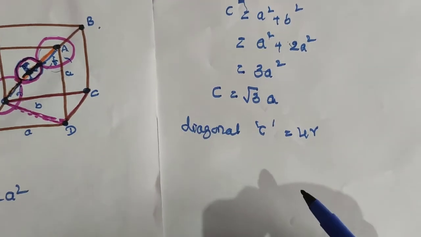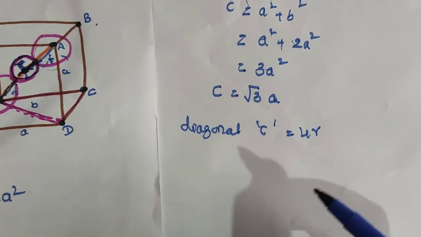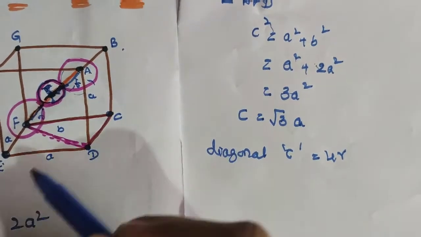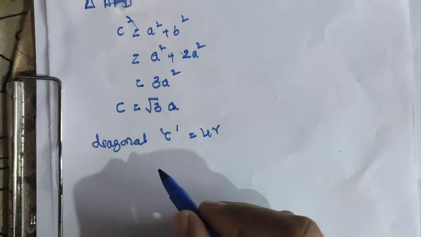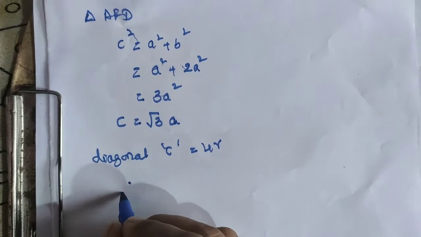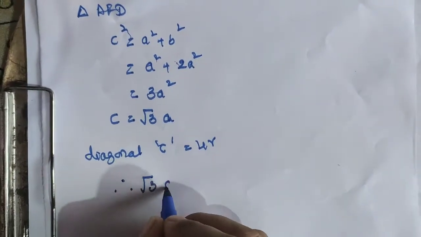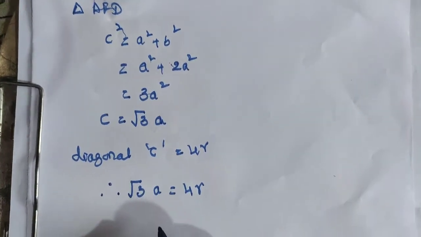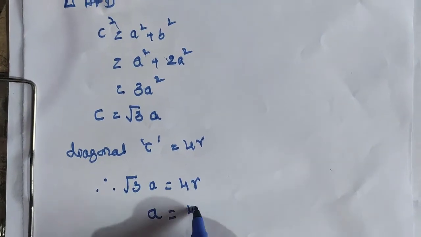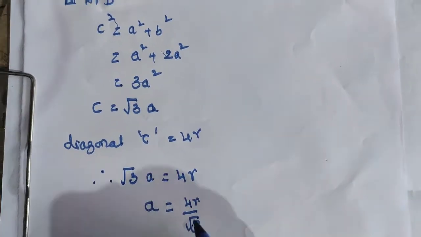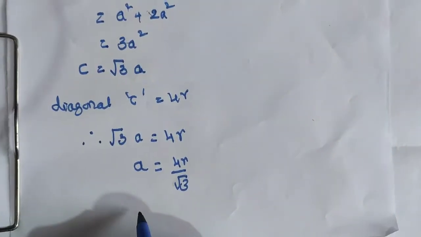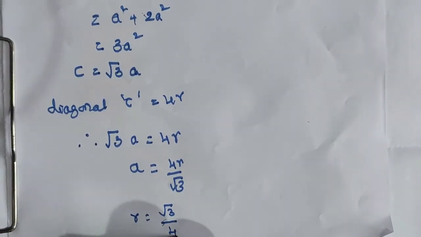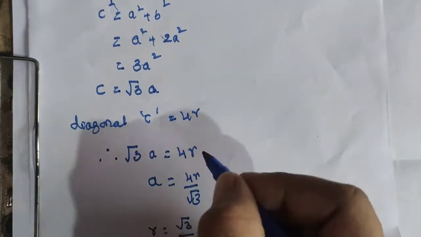Here, the radius of the sphere or atom: as all 3 spheres along the diagonal touch each other, you can take root 3 a is equal to 4r, or a is equal to 4r by root 3. So also we can write r is equal to root 3 by 4 a. This is the value of r.